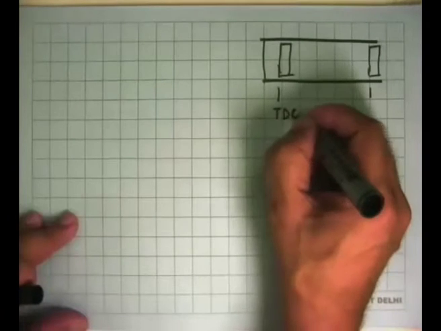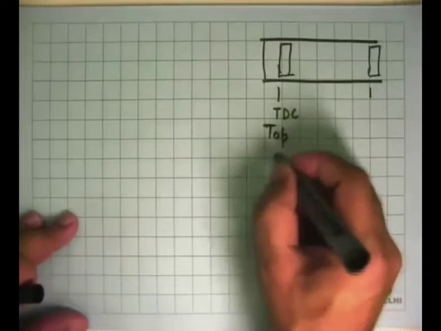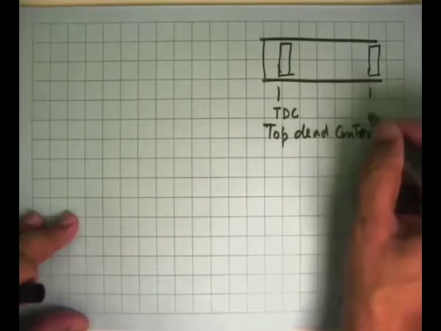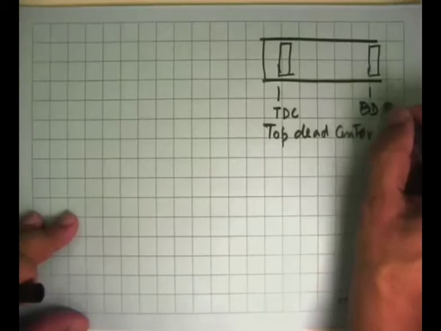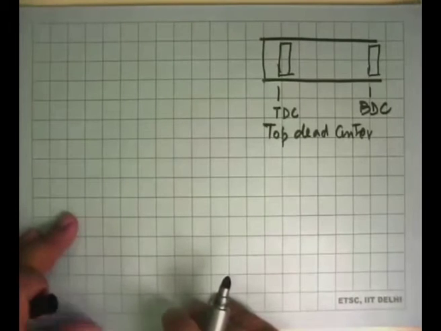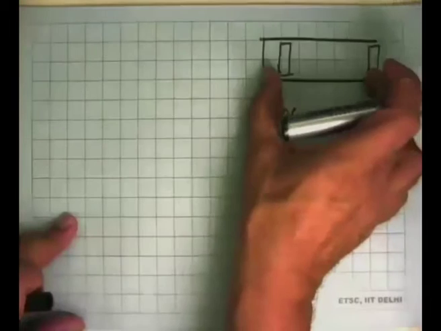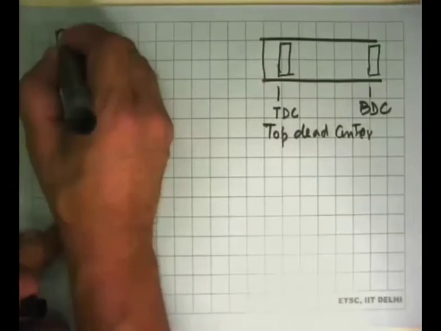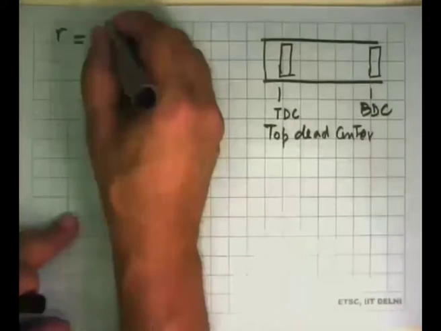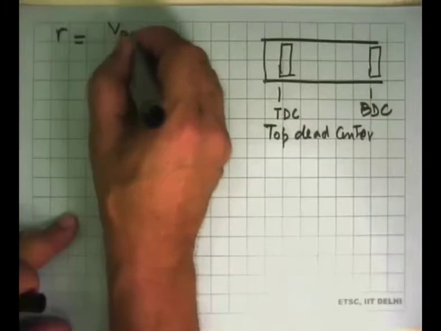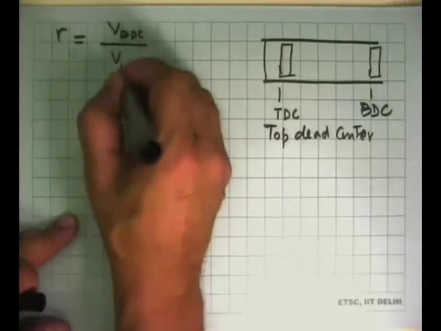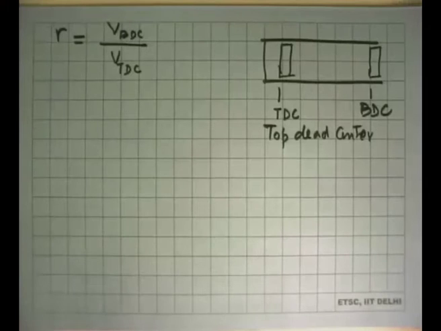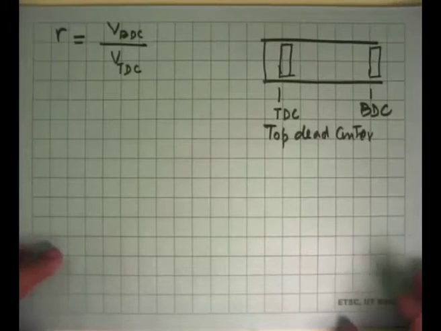So this is called the top dead center, and this is called the bottom dead center. And this much volume got compressed to this. So the ratio of this is called the compression ratio. We can say this is volume at the bottom dead center divided by volume at the top dead center. It tells you how much you compress that gas.